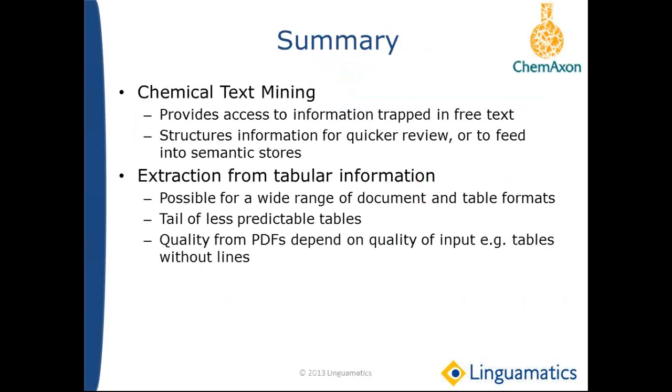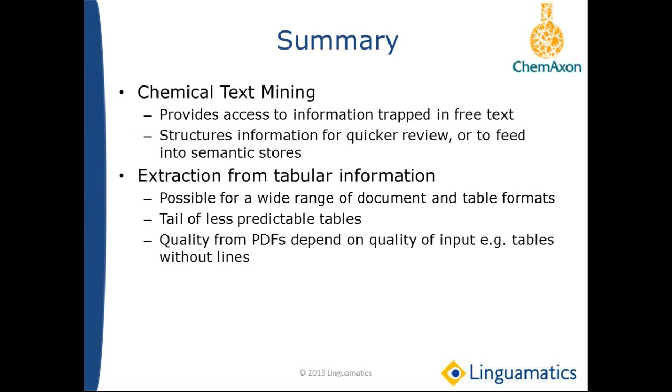So just to summarize, chemical text mining provides access to the information trapped in the free text. It structures the information for quicker review or to feed into semantic stores. And you can extract from tabular information, and that's possible for a wide range of documents and table formats.